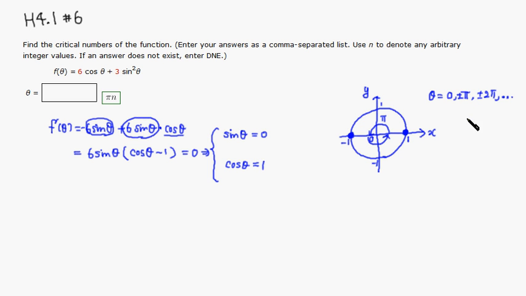We can write this as: you start from 0, then you can add any integer multiple of pi. So you can write it as n times pi, where n is any integer.